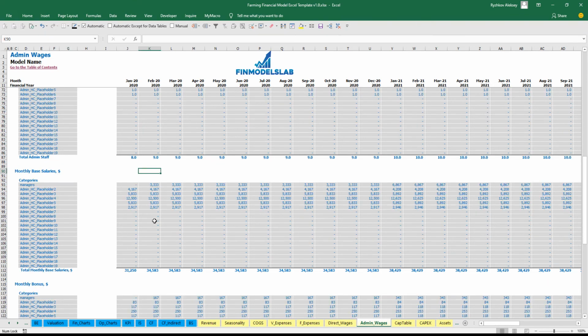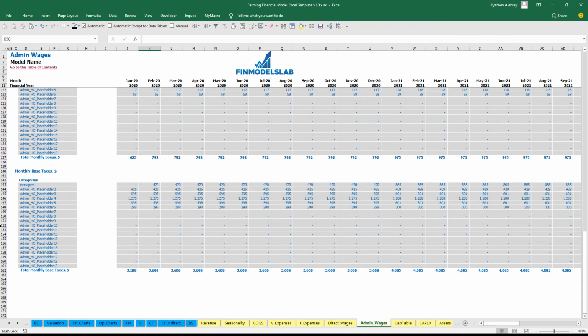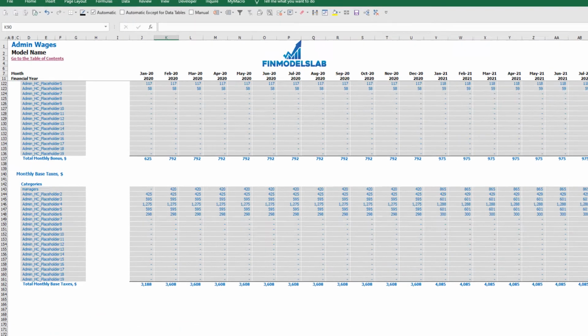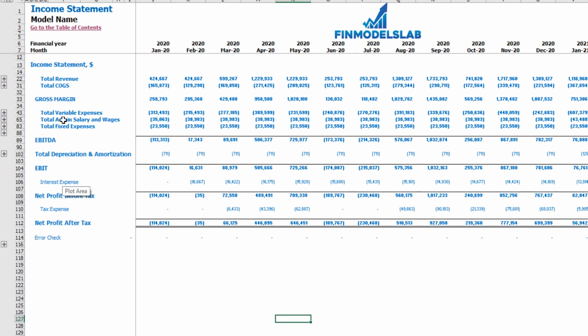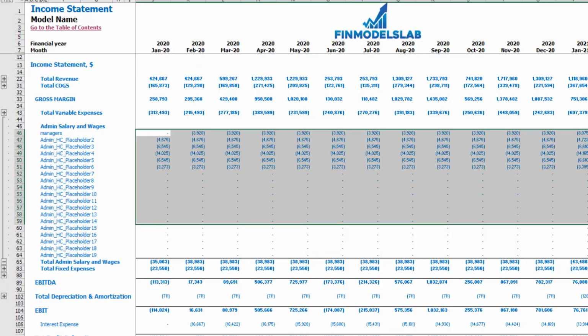Here you can have monthly base salaries, monthly bonus calculation, and monthly payroll taxes. And under the income statement you have the total admin salaries and wages section, where you may see the breakdown of all your headcount categories and the values by months.